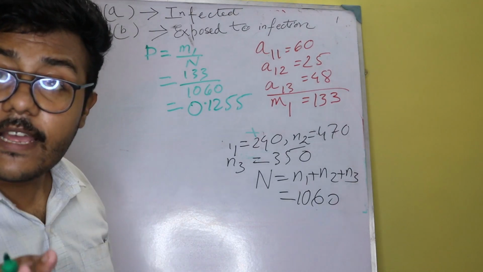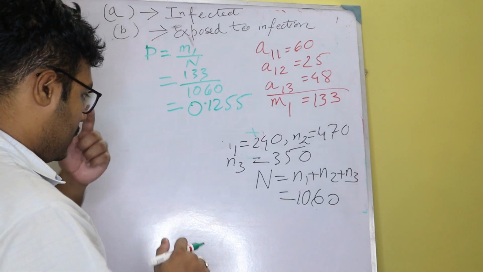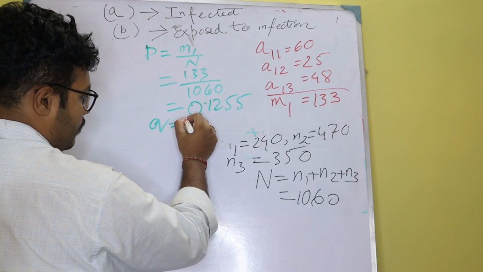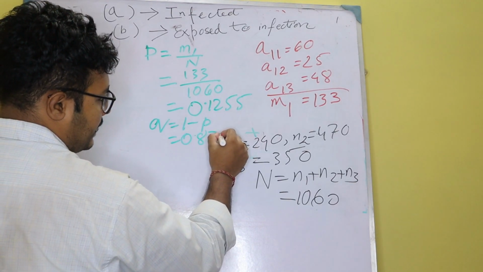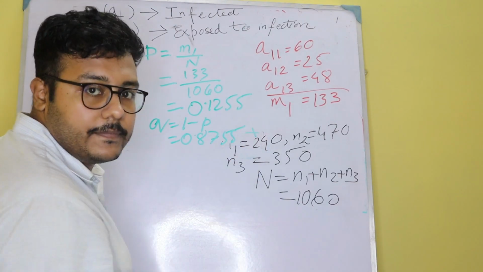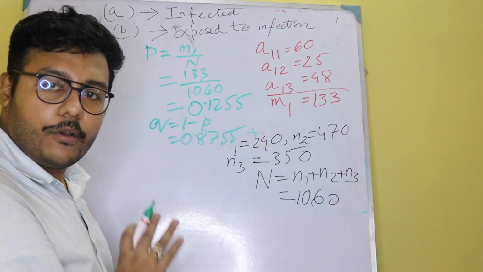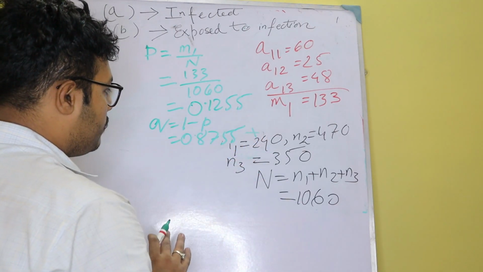Right? We also have to find Q. So Q is equal to 1 minus P, which is equal to 0.8745. Right?